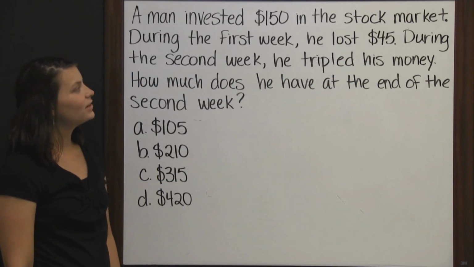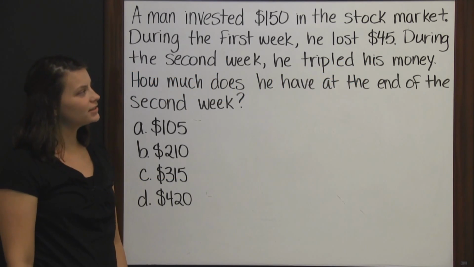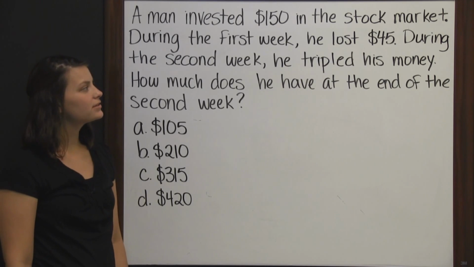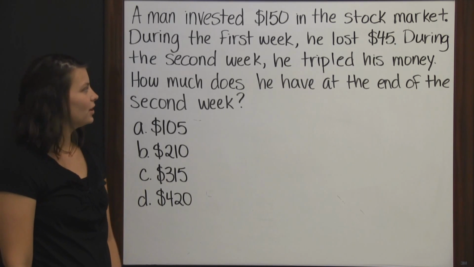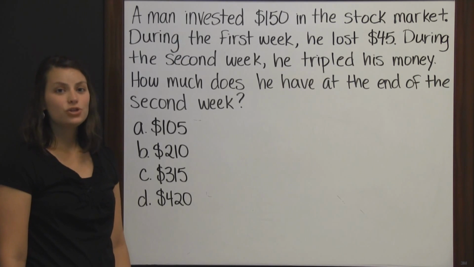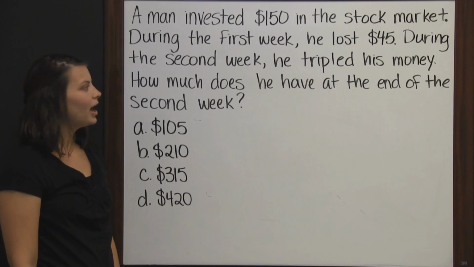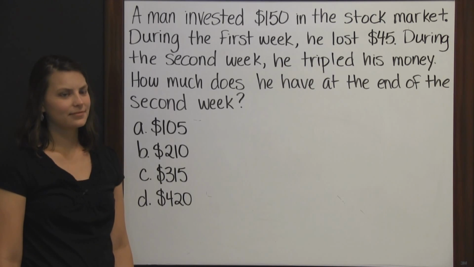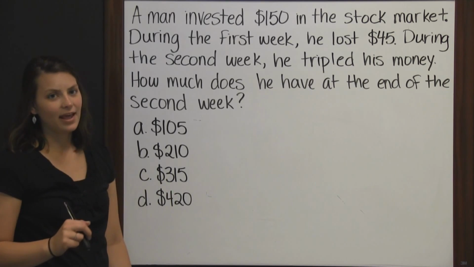A man invested $150 in the stock market. During the first week, he lost $45. During the second week, he tripled his money. How much does he have at the end of the second week? So let's start at the beginning.